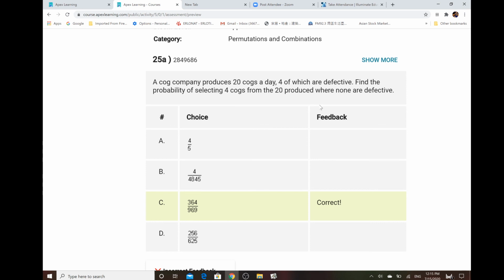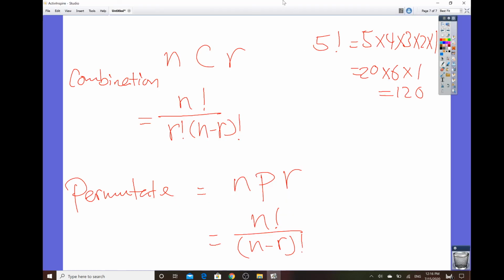So the first thing that you want to find out is the possible outcome. We need to make sure that none of those are defective. If none of those are defective, then that'll be 16. So from 20, because we have 20 clocks right there, 20 choose 16, because 16 of those are all considered non-defective. And then on top of that, 16 choose how many? 4.